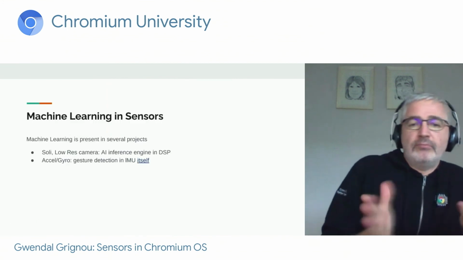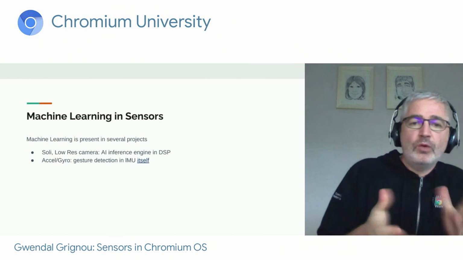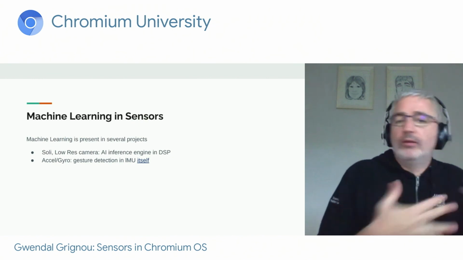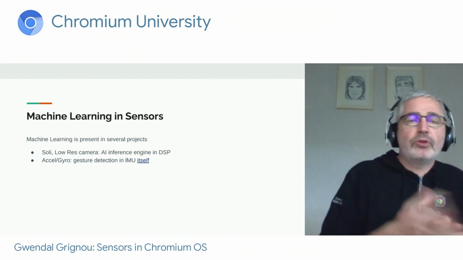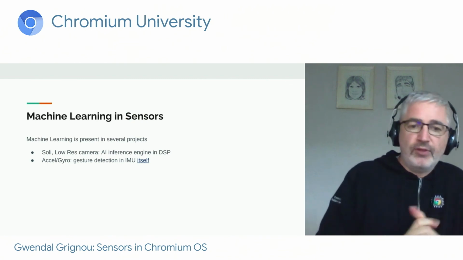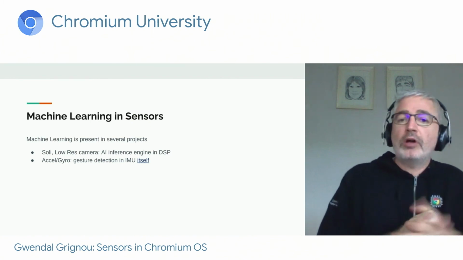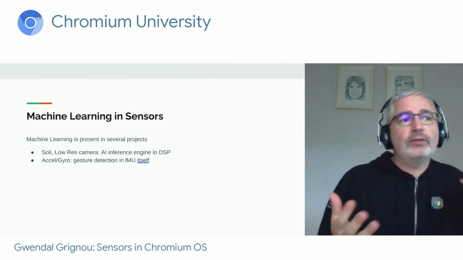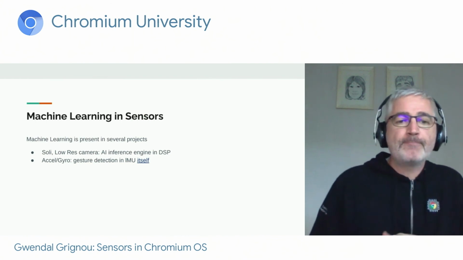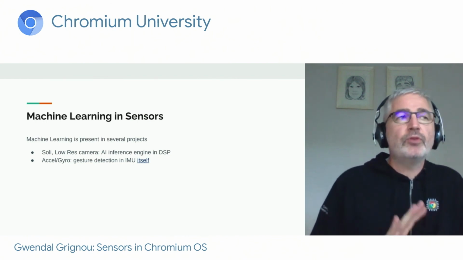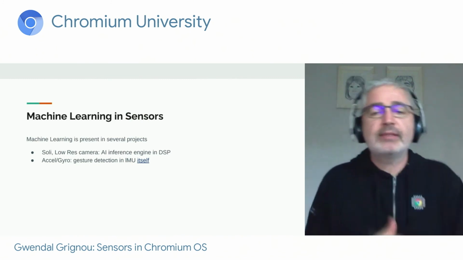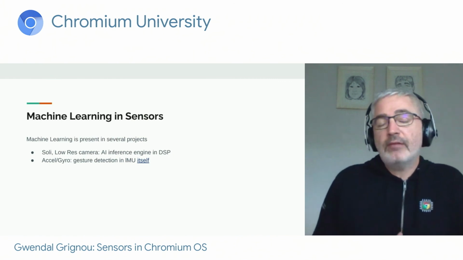Something pretty new is machine learning coming into the sensor. I talked about SOLI, but a low resolution camera, if we want to use it, has the same interesting feature. If you look at the datasheet for the latest accelerometer, some vendors are promoting machine learning inside the IMU, inside the sensor itself.